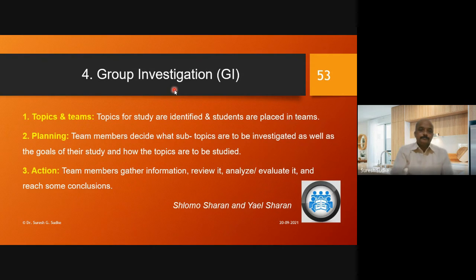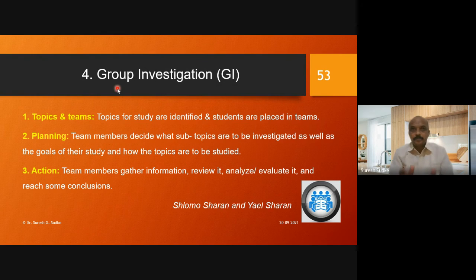So here the topic is provided to a team. Firstly, we will provide the topic or literature, and we are grouping our students. Then the team members will plan that particular study.